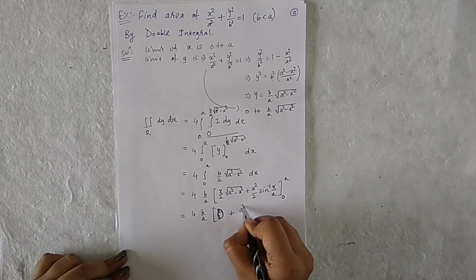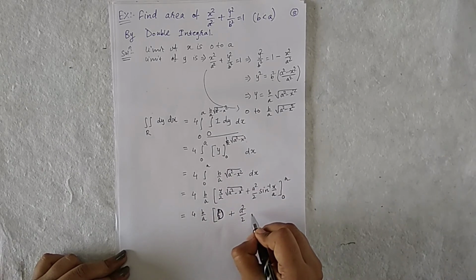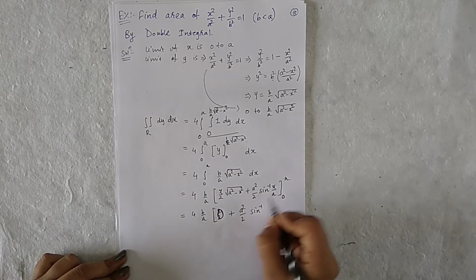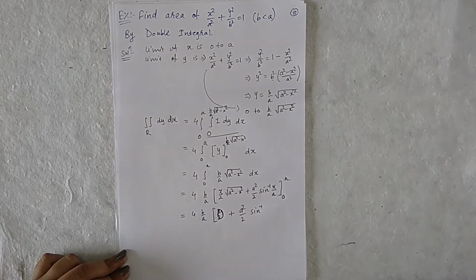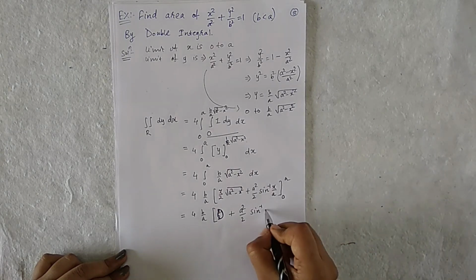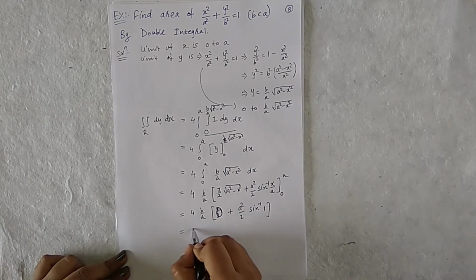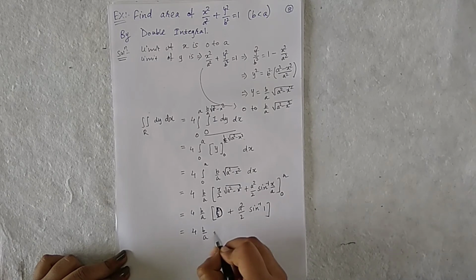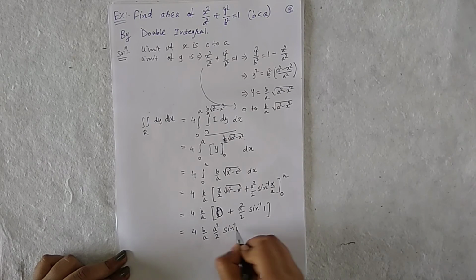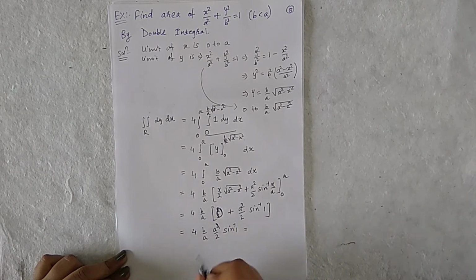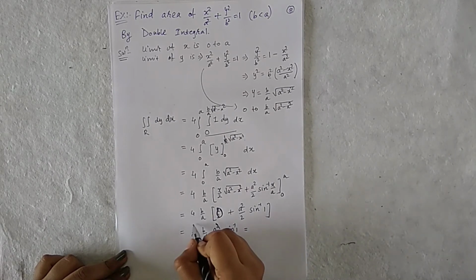So plus a square by 2 and sine inverse; put x is equal to a, so a by a is 1, so sine inverse 1. This is equal to 4 into b by a into a square by 2 and sine inverse 1. Here one a gets cancelled, and the 2.